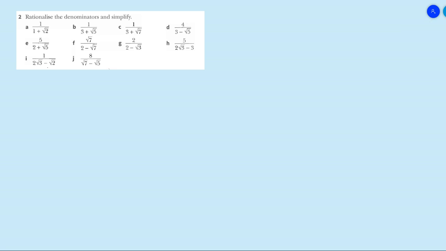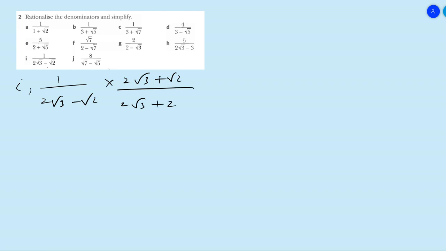Come to part I. Part I is 1 upon 2 root 3 minus root 2. Multiply by 2 root 3 plus root 2 upon 2 root 3 plus root 2.